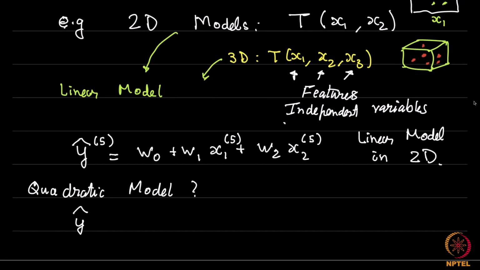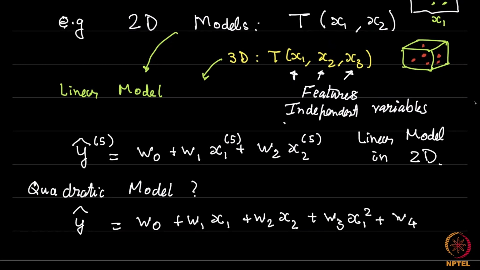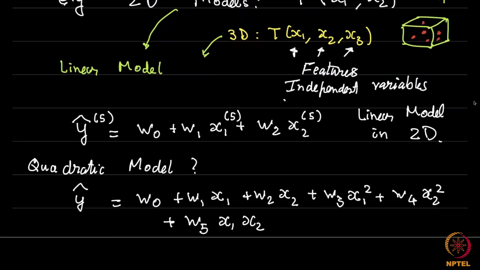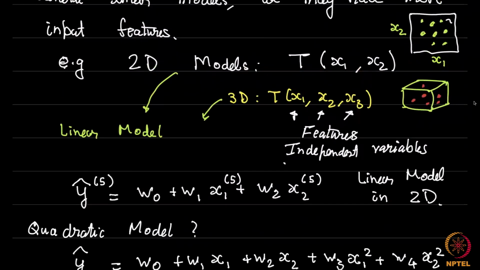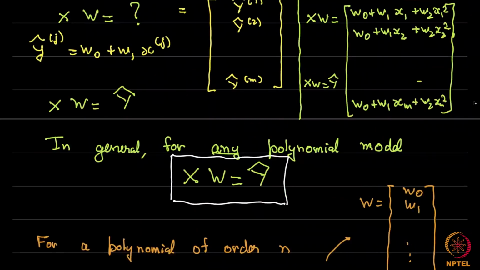Then you would have something like y hat equal to W0 plus W1 x1 plus W2 x2 plus W3 x1 square plus W4 x2 square, and a quadratic model would also have cross terms, let's say W5 x1 x2.